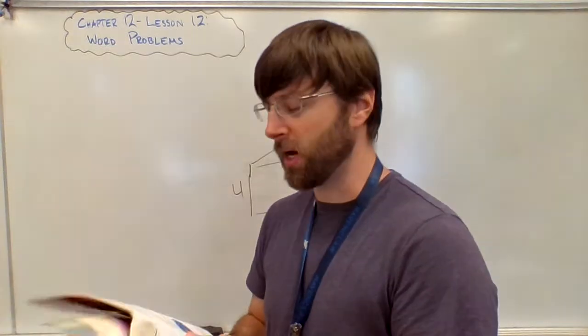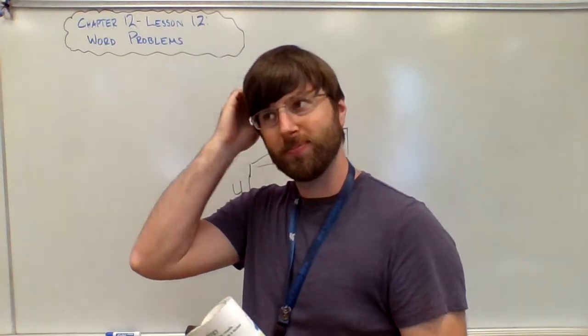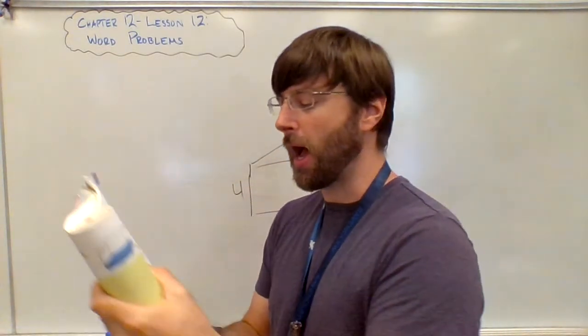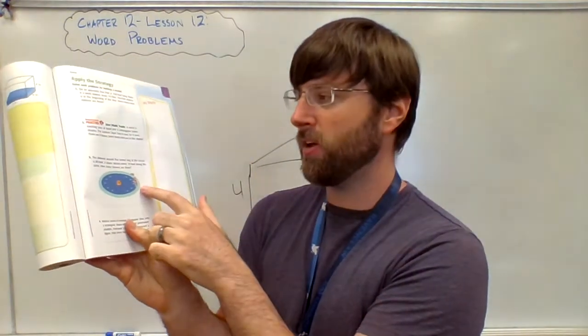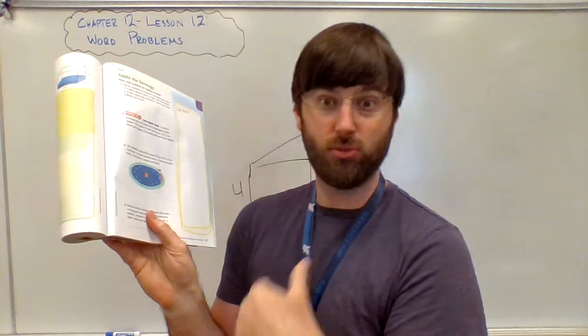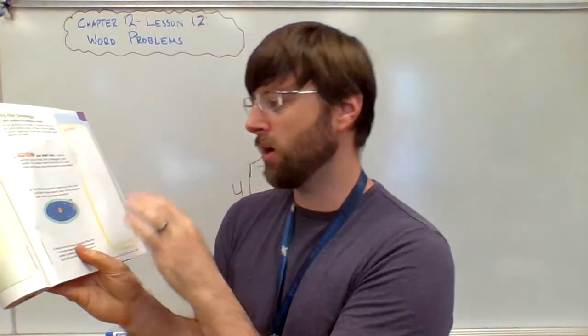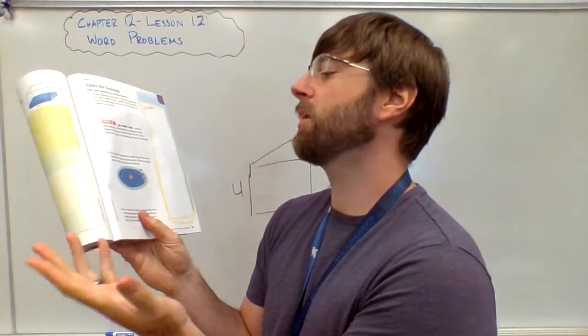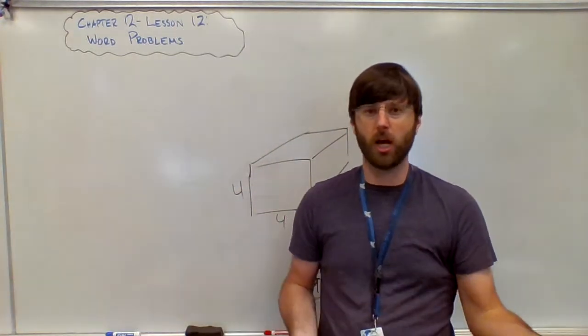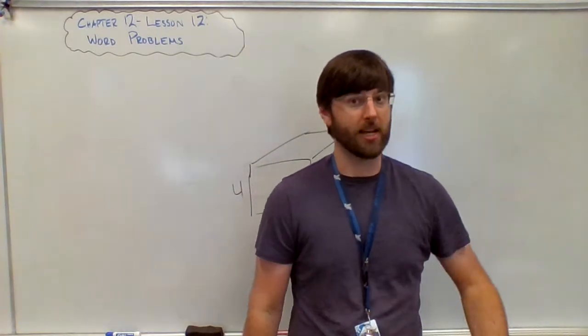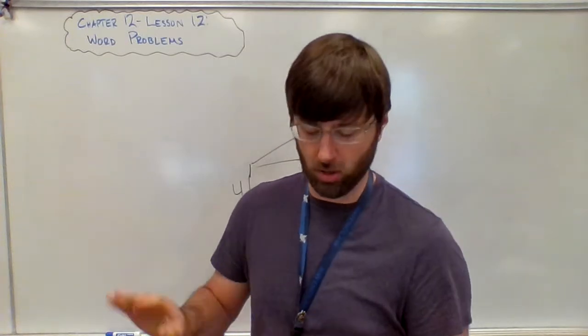Okay, but you could do it that way. I would not use their picture here. You could if you wanted, but you need to think about if you're distributing clowns every 10 feet around a circle, how many clowns are there going to be once you get to 80 feet? Remember that a clown will not be standing in the exact same place as another clown at any point. They're all 10 feet apart.